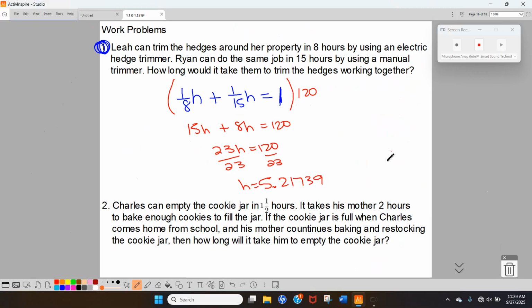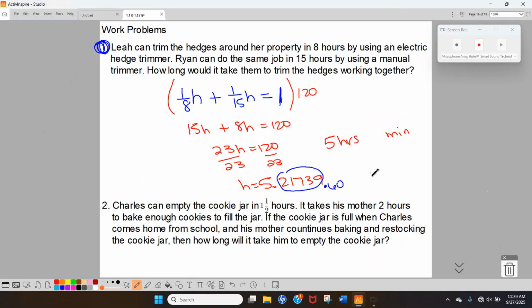All right, so the way they want answers for these on your test and in Math Excel is they're going to want hours and minutes. So that means we have 5 hours. And then to get the minutes, you're going to just multiply the decimal part by 60.